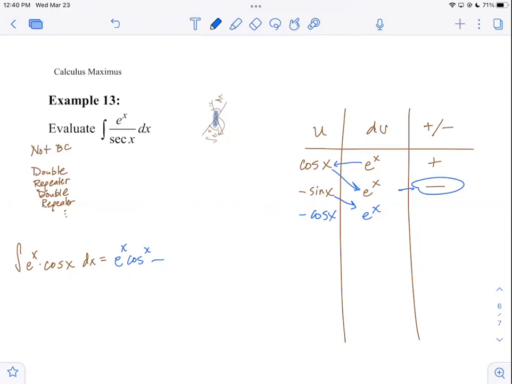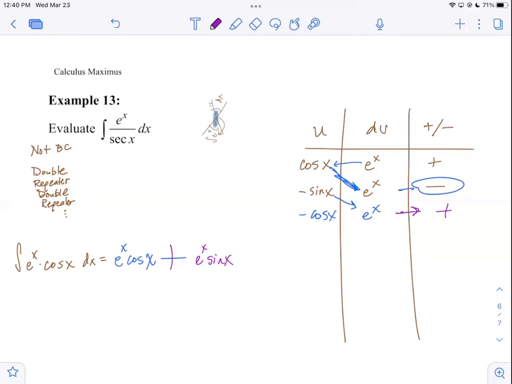First diagonal and then minus, and then we pick up the next diagonal, which turns it to plus e to the x sine of x. And then I'm going to come across here and get the plus sign.